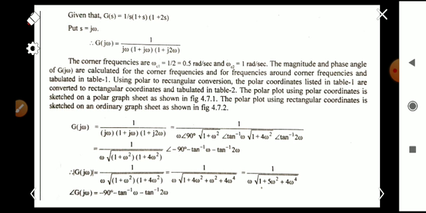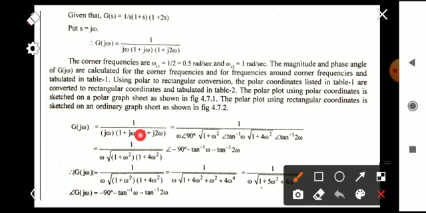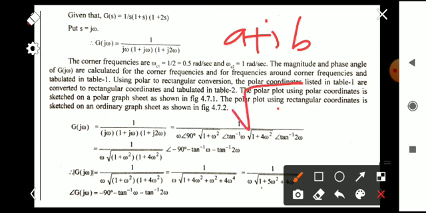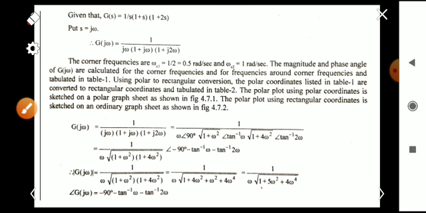The next step is to find the corresponding magnitude and phase angle of the function. First, talking about the magnitude, the magnitude of 1 by j omega is 1 by omega. The magnitude of 1 + j omega is in the form a + jb, and the magnitude of a + jb is the root of a squared plus b squared.